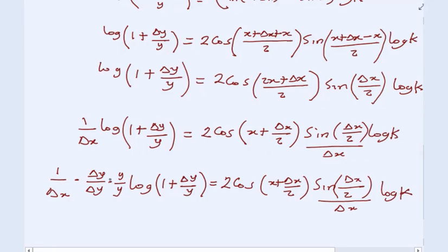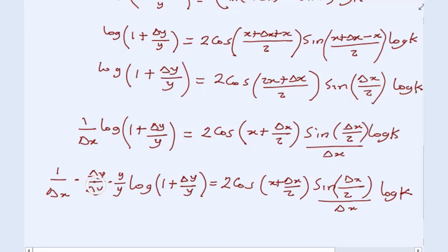So now you can see what I have: 1 over delta s multiplied by delta y over delta y multiplied by y over y log of 1 plus delta y over y equal to cos of (s plus delta s) all over 2 sine delta s over 2 all over delta s log k. So why did I put this? You might be thinking why I had to add these ones.